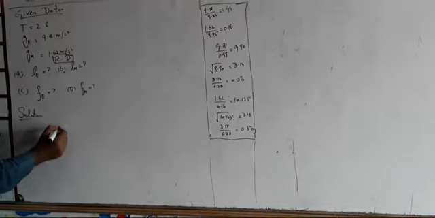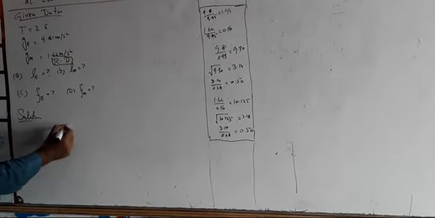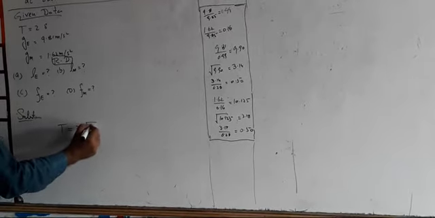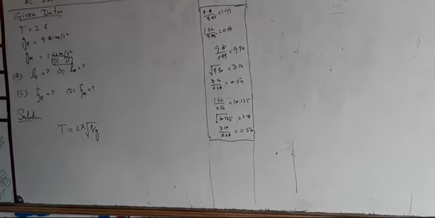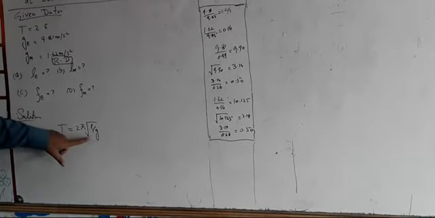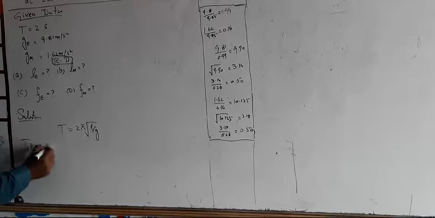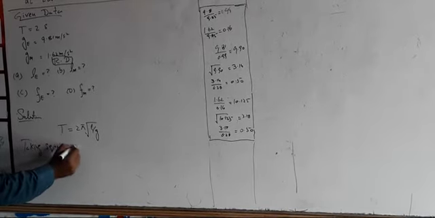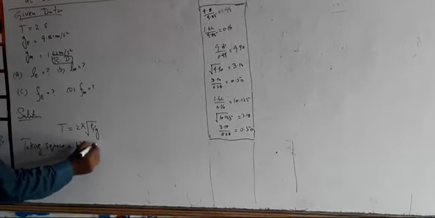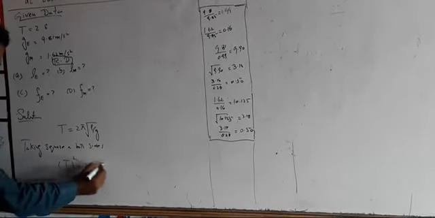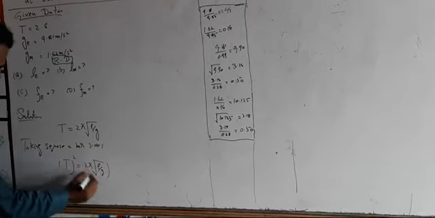For the solution, I will start from the time period formula for a simple pendulum, which is T equal to 2 pi square root L divided by g. To calculate the length of the pendulum, I will have to modify this formula for length. So taking square on both sides, it will become T whole square equal to 2 pi square root L divided by g whole square.